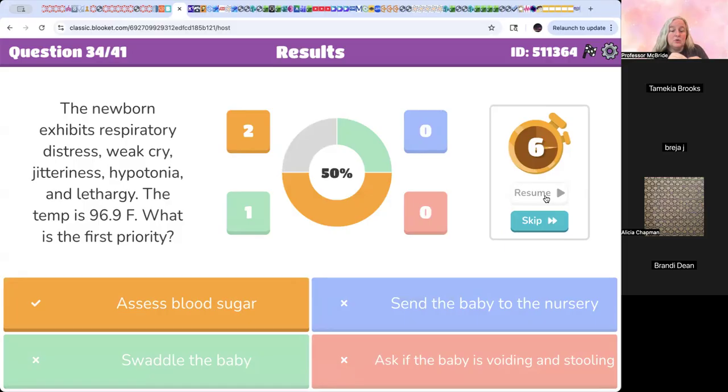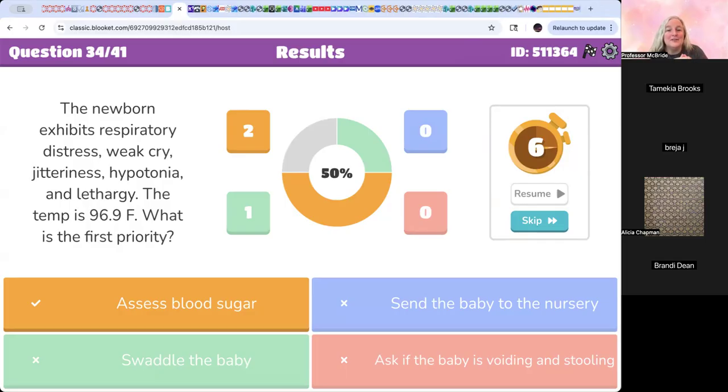So yes, we need to warm this baby. And this baby at 96.9 probably needs to be on the radiant warmer. Does anybody know how we use the radiant warmer? Check the chat box. Okay, chat box says no. I was expecting some profound answer. It says no. That's fine.